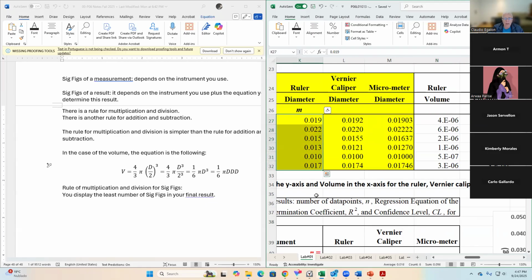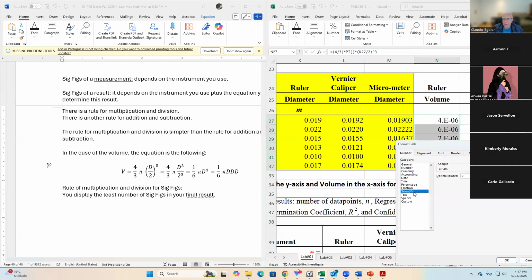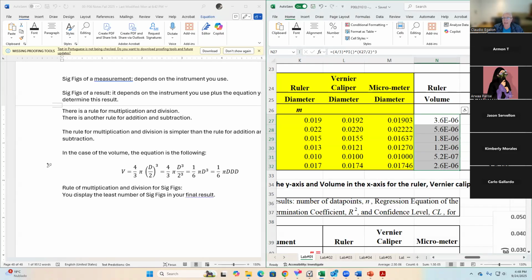All of them have 2 significant digits. Consequently, all of them should display 2 significant figures. Because this number is very small, less than 10 to minus 3, I recommend that you display it also in scientific format, okay? And because we want 2 significant digits, we have to display 1 decimal place. And here you go. That's the right number of significant digits for the volume.